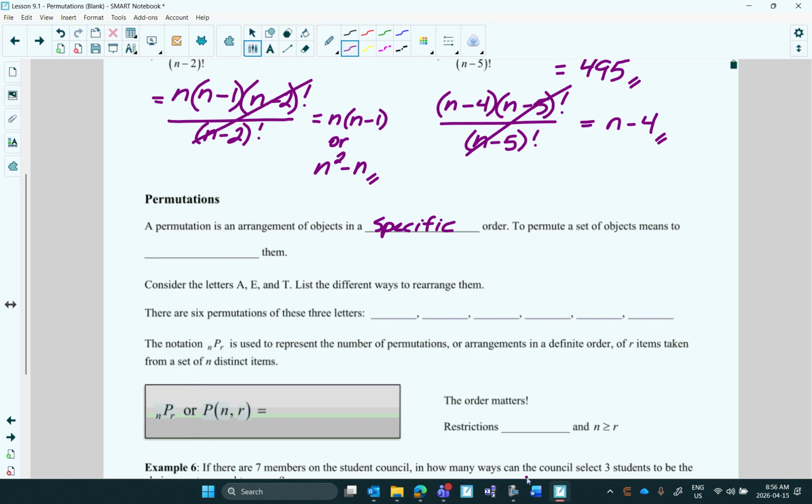So for example, if I was to arrange you 3 in a certain order, I could go Lilia, Ayla, and Anna, or I could go Anna, Ayla, and Lilia. Those are 2 different ones. Okay? When we talk about combinations, those 2 are the same. But we'll talk about that later. Okay? They're arranged in a specific order. So when we permute a set of objects, we are arranging.